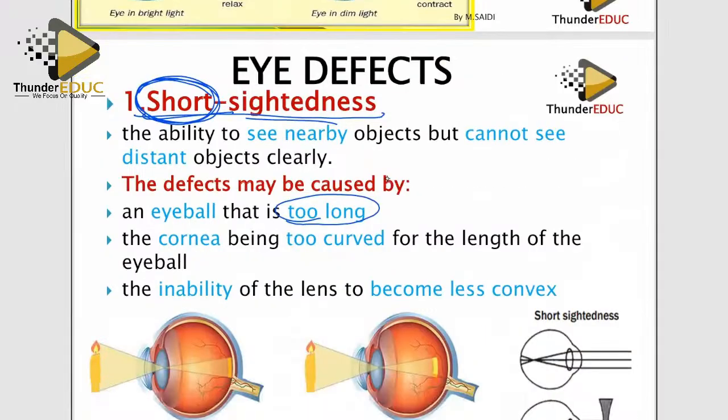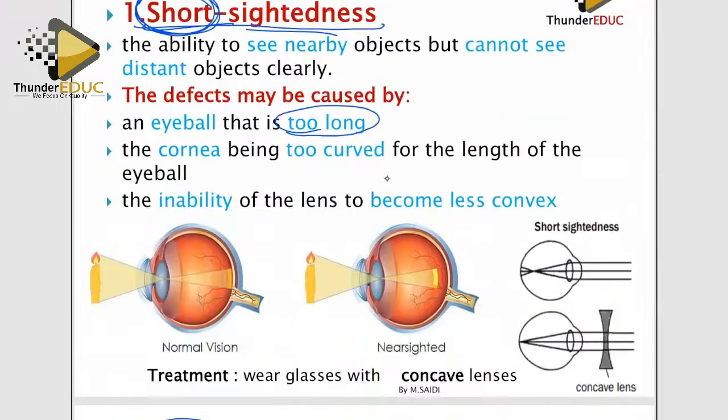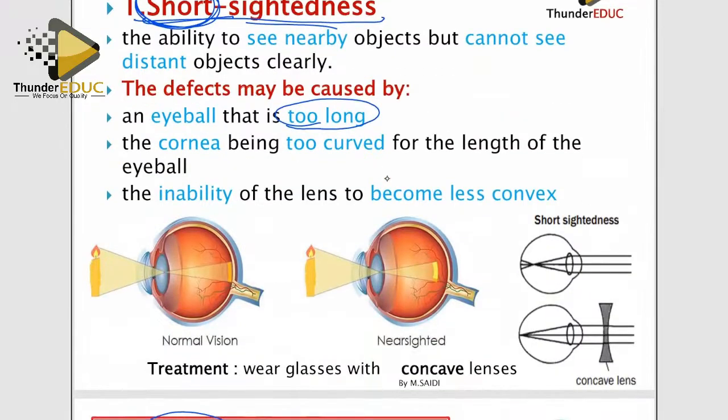Yes. Remember, okay, let me use this diagram. Remember, for the eye, objects which are near, the image is supposed to be focused onto the retina, meaning that even if this eyeball is big, this thing is big, now the lens is thick. You understand?